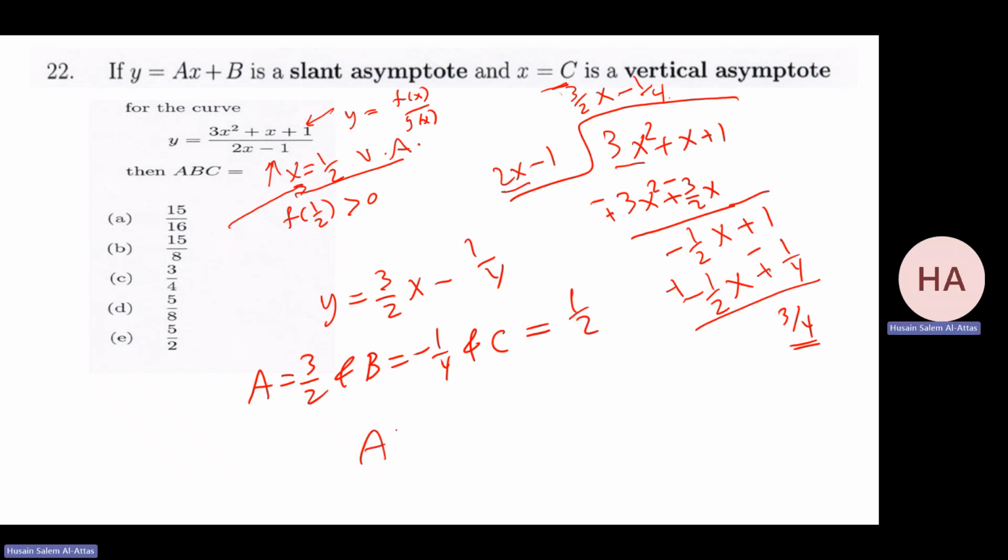I want A, B, C. That will be 3 over 2 minus 1 over 4 times half. That gives me what? Interesting. Did I make any mistake? x equals half. That's correct.